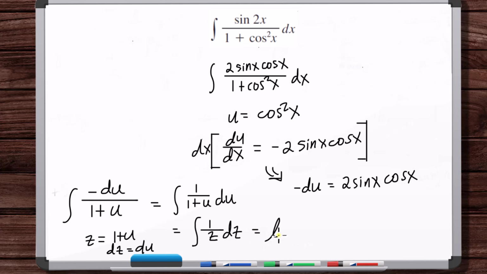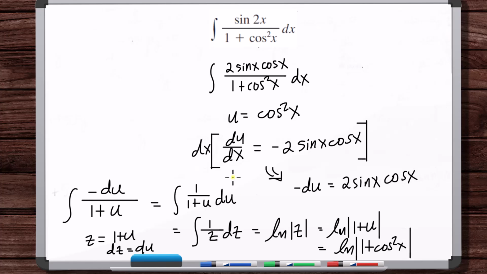Now this we know is the natural log of the absolute value of z, which is the natural log of the absolute value of 1 plus u. Okay? And now, which is the natural log of the absolute value of 1 plus cosine squared of x.